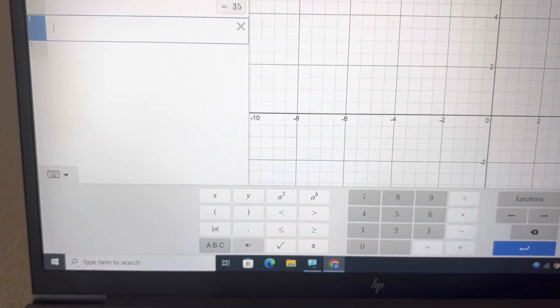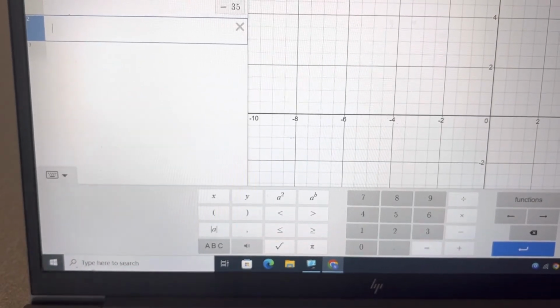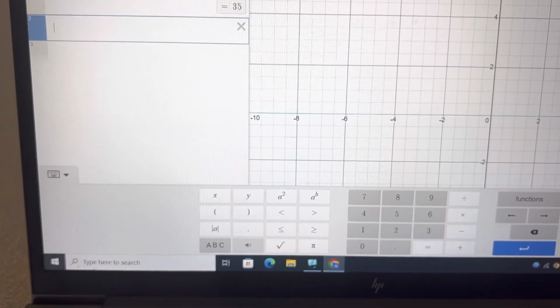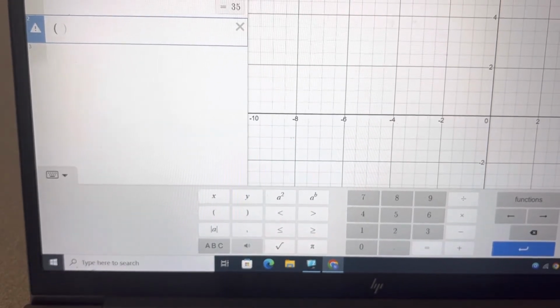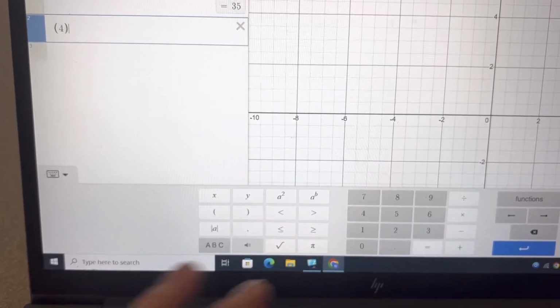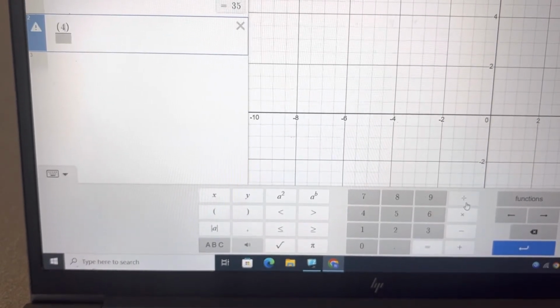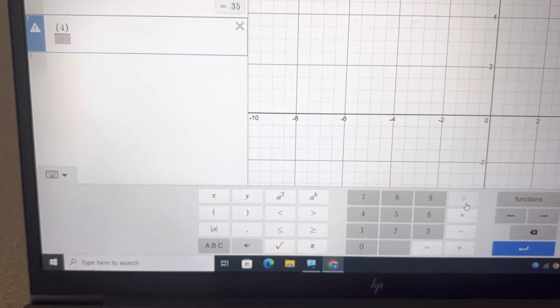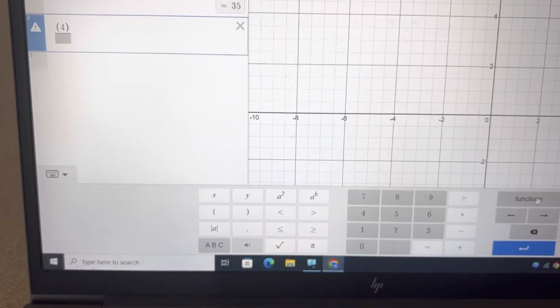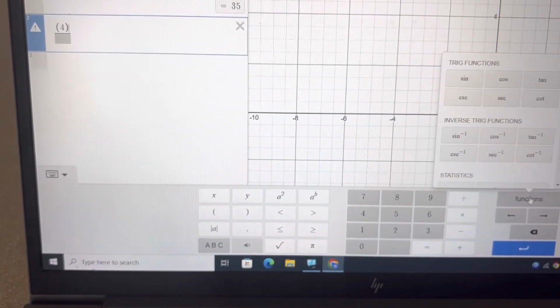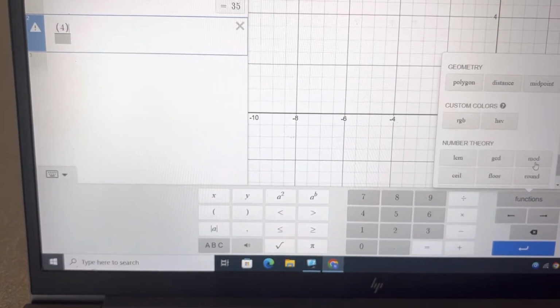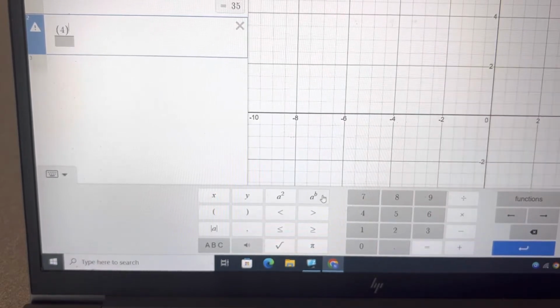All right. So we're gonna put parentheses, 4. Close the parentheses. Now hit the division sign and go back up this way. It's all up there. And for cube root, you're gonna have to go to functions, and you're gonna have to scroll down. Just go there.